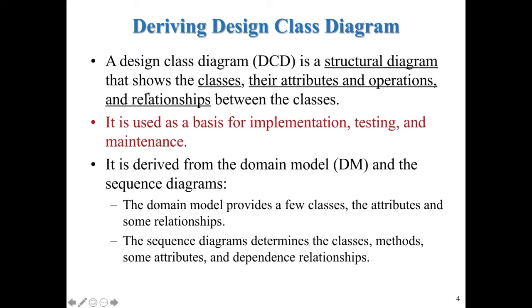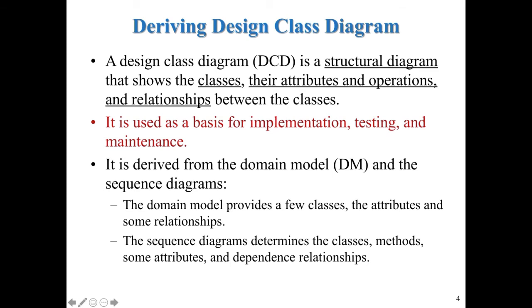It's a structural diagram that shows, number one, classes, number two, their attributes, number three, their operations, number four, the relationships between the classes. One additional thing that is clearly new here in our design class diagram is the operations.